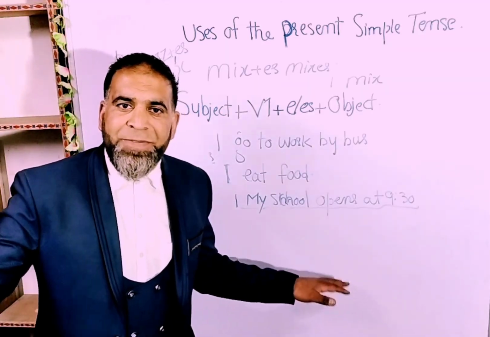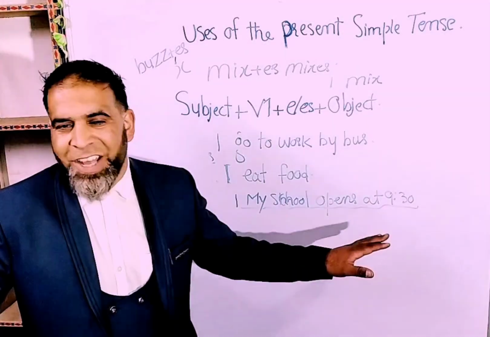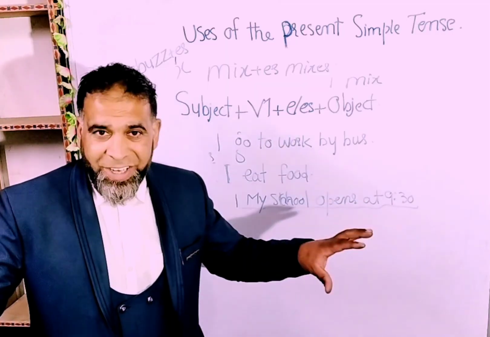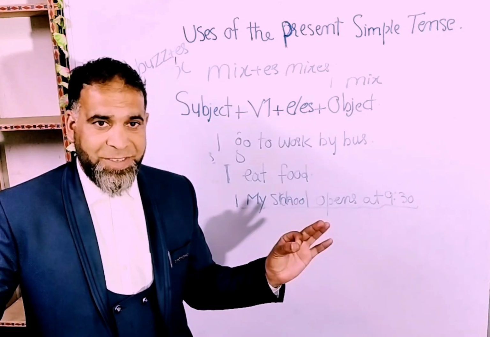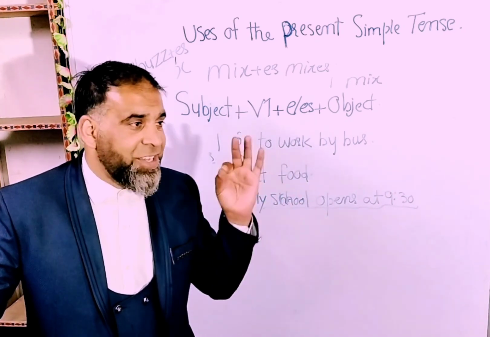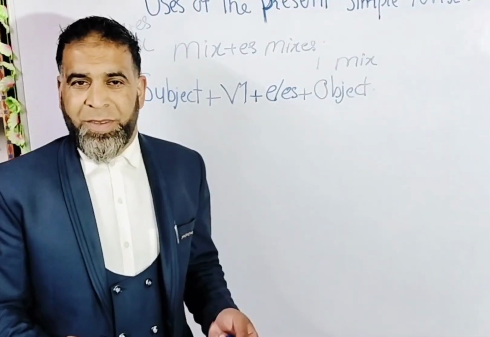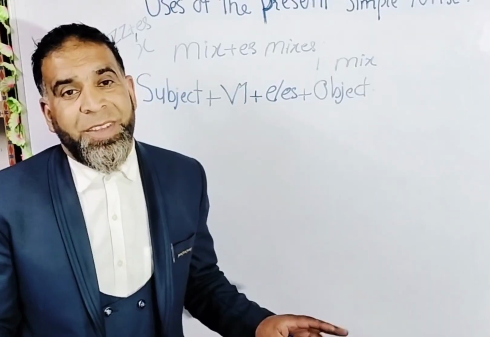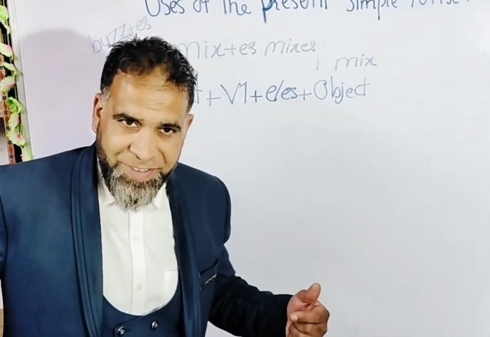It's the timetable of the school. My school opens at 9:30. My school closes at 3:30. The train to Baramulla leaves at 6:30 every morning. Now, friends, we use the present simple tense in giving directions and instructions.